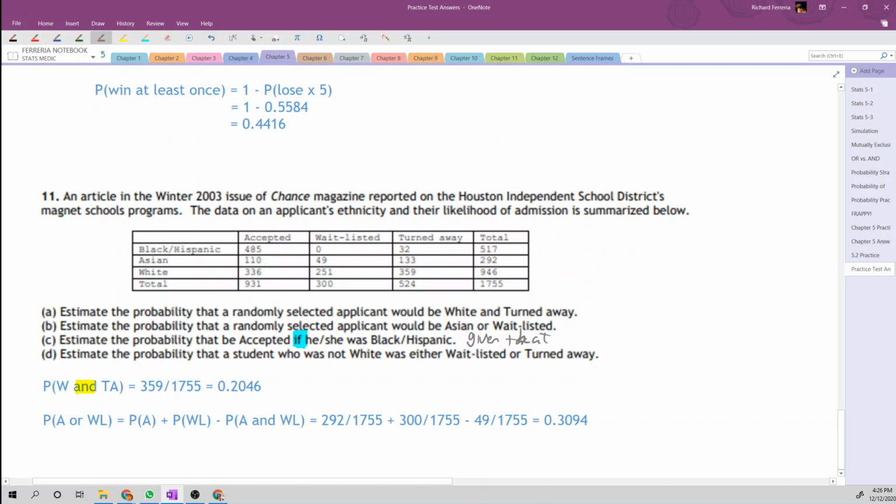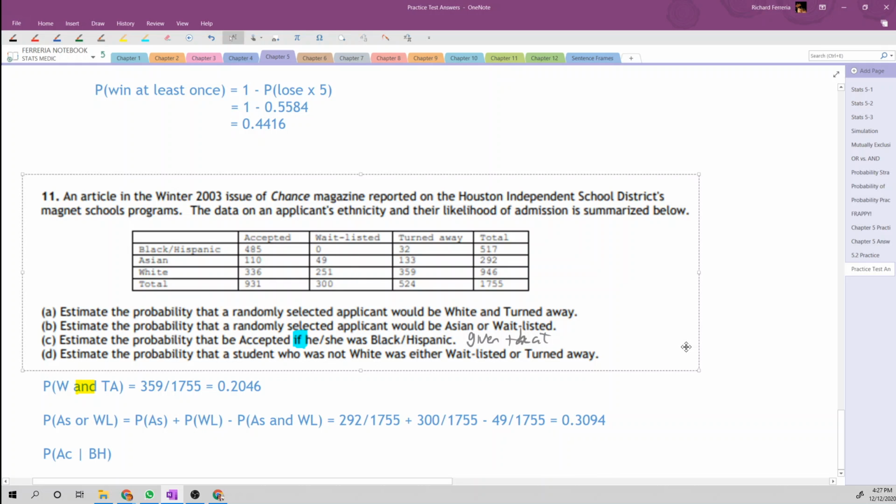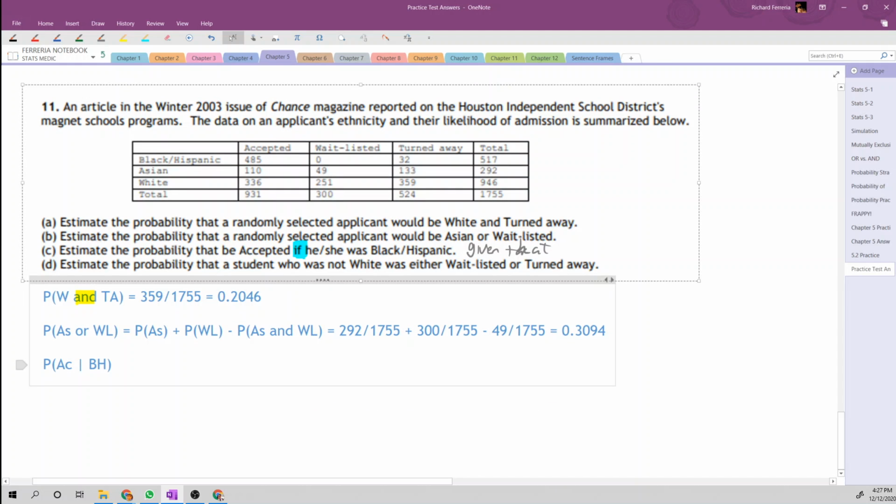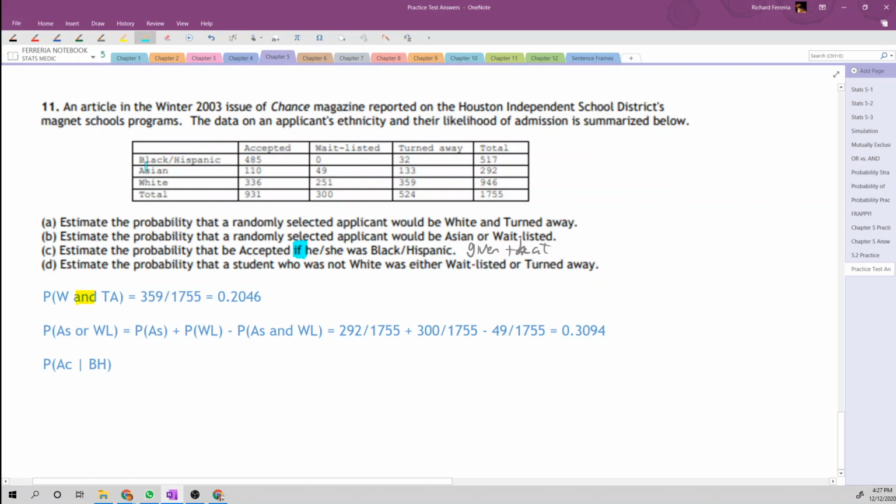So let's write that symbolically. I was realizing that Asian and accepted both start with the letter A, so we've changed Asian to AS and accepted to AC. So in our probability, the probability of accepted, given that we were looking at a black or Hispanic student. So you know what that means. It means we're going to look only at the line that says black or Hispanic.